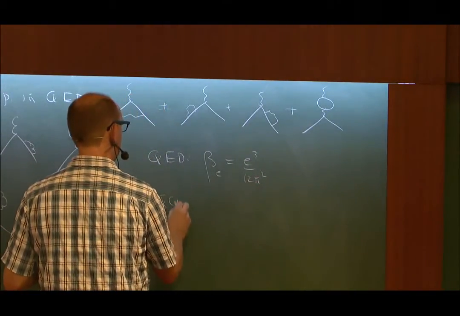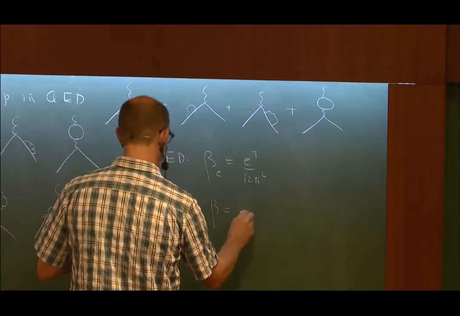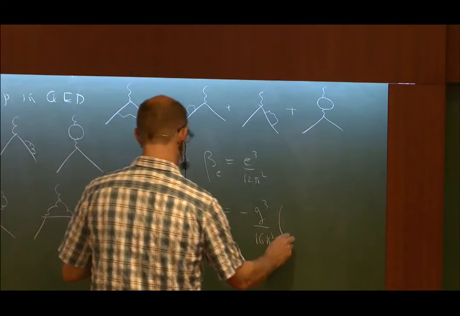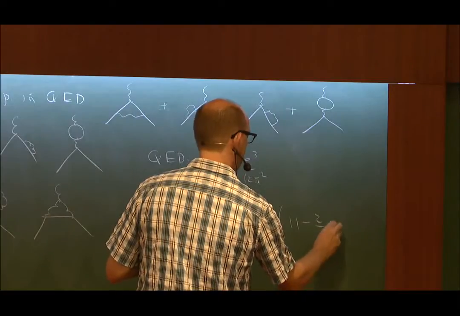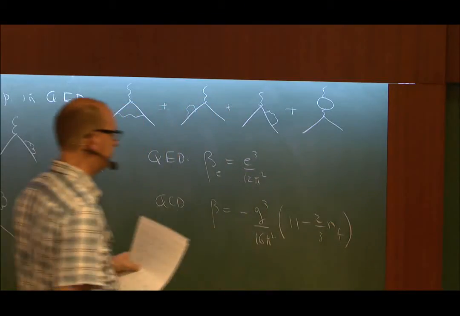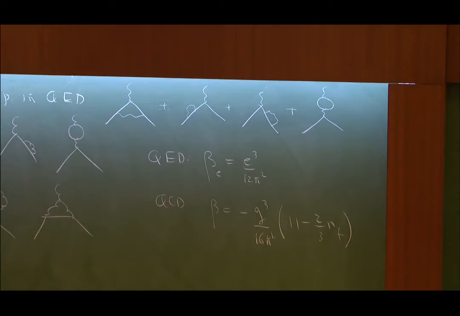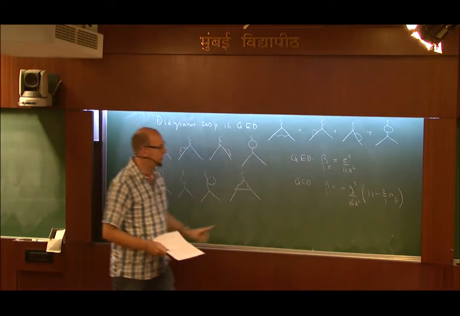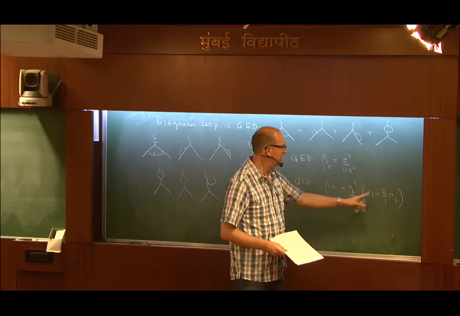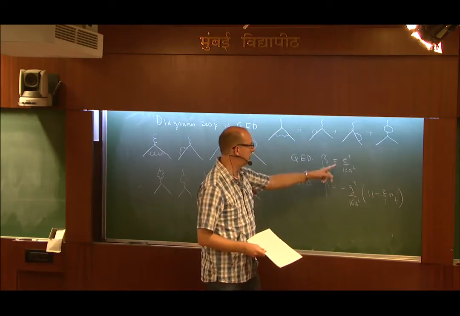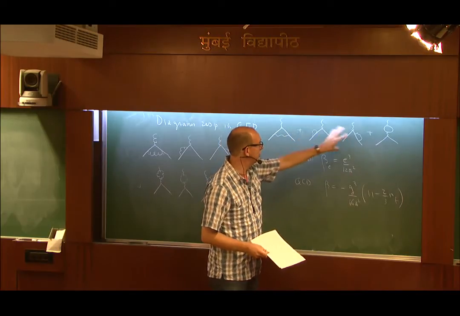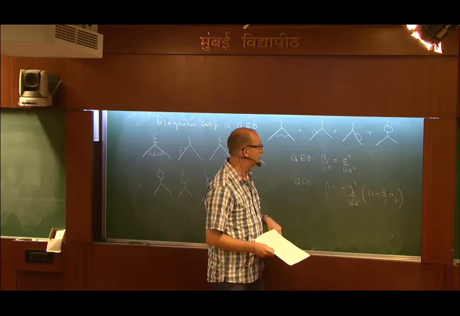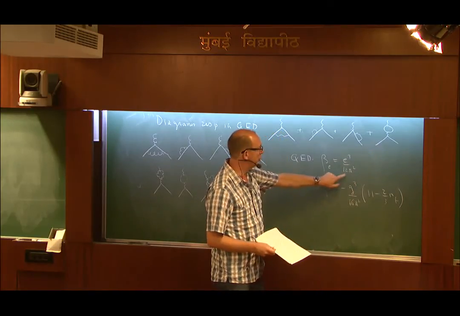For QCD, we have beta is minus g cubed over 16 pi squared, times 11 minus 2/3 times the number of fermions, where the number of fermions is the number of fermion types that can go around in this loop. So let me focus here on the second term. That gives a positive contribution, just like QED did. In QED, the divergences among these three terms cancel, and only this one remains. That is responsible for this positive term.